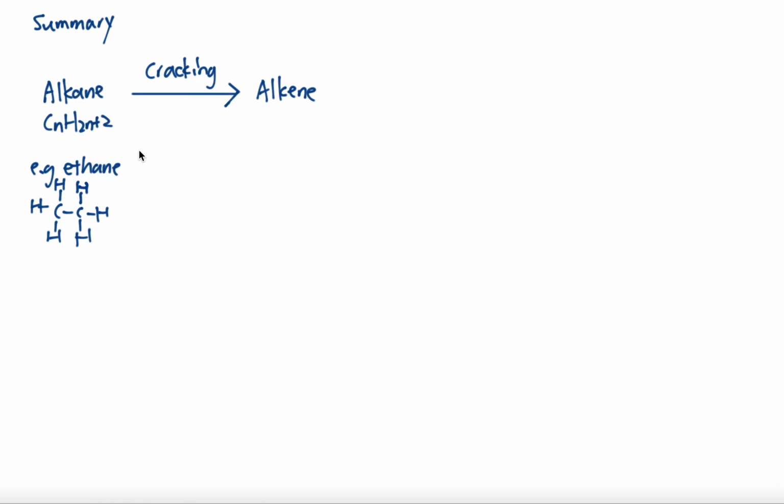After cracking, this alkane could be cracked down to an ethene and a hydrogen. But there are other examples we have seen. And after cracking, it becomes an alkene.